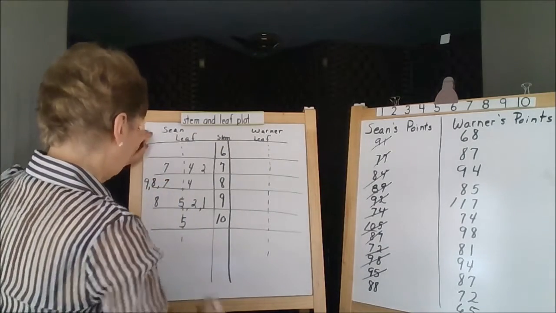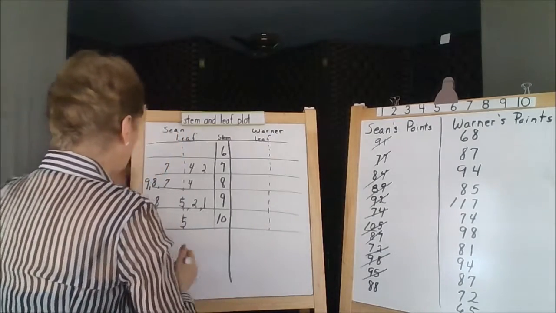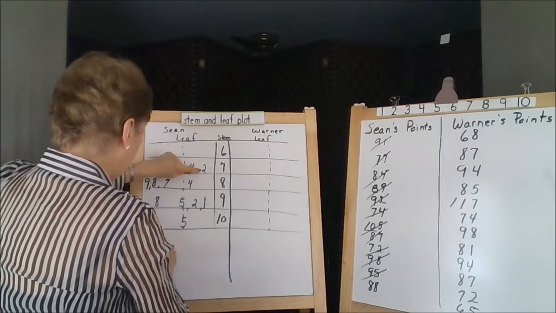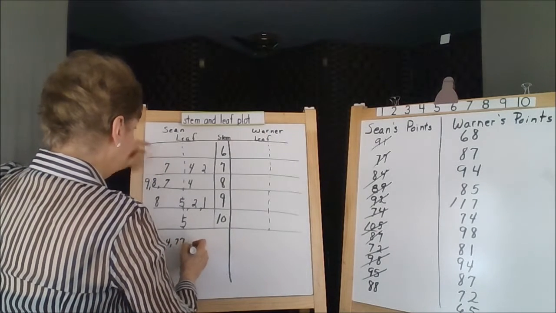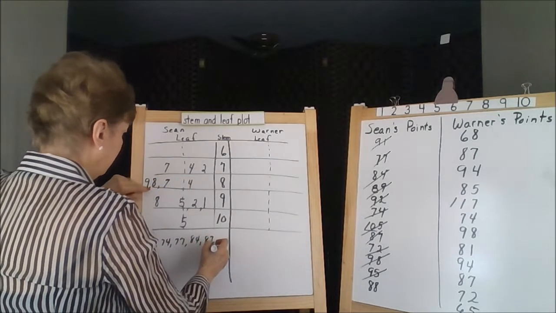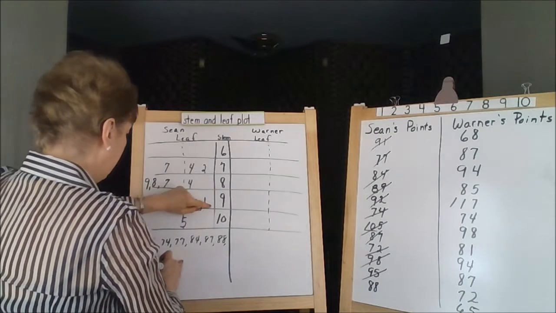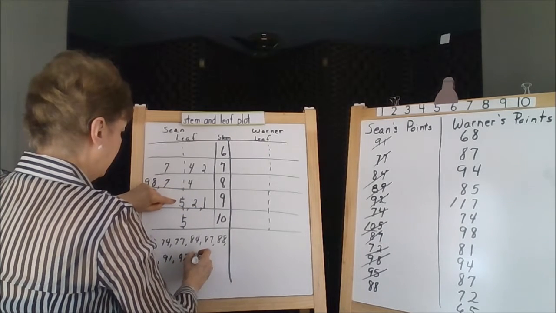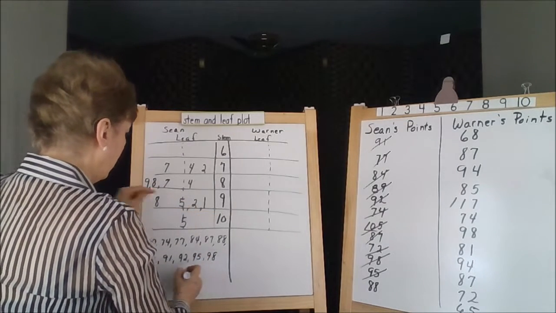So Sean's numbers are going to look like this when we're all done. He didn't have any in the 60s, so he's going to start with 72, 74, 77, 84, 87, 88, 89, 91, 92, 95, 98, and 105.